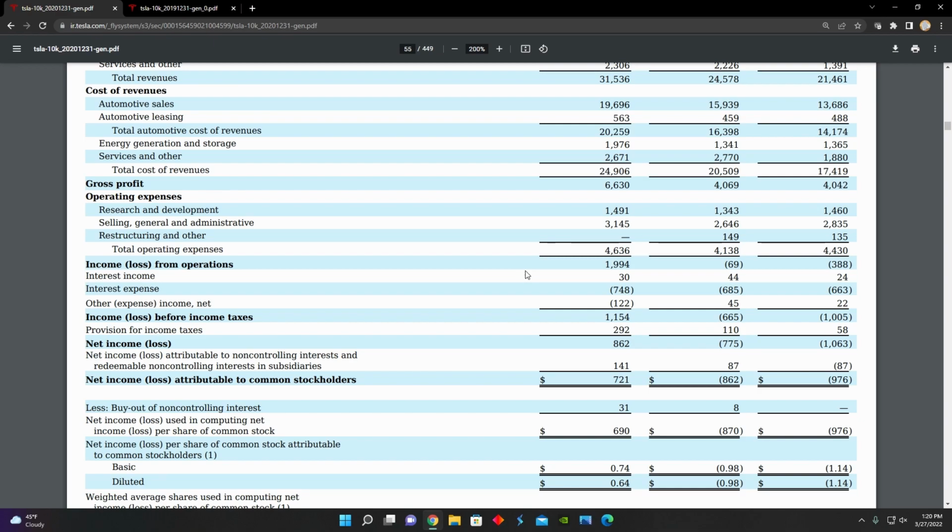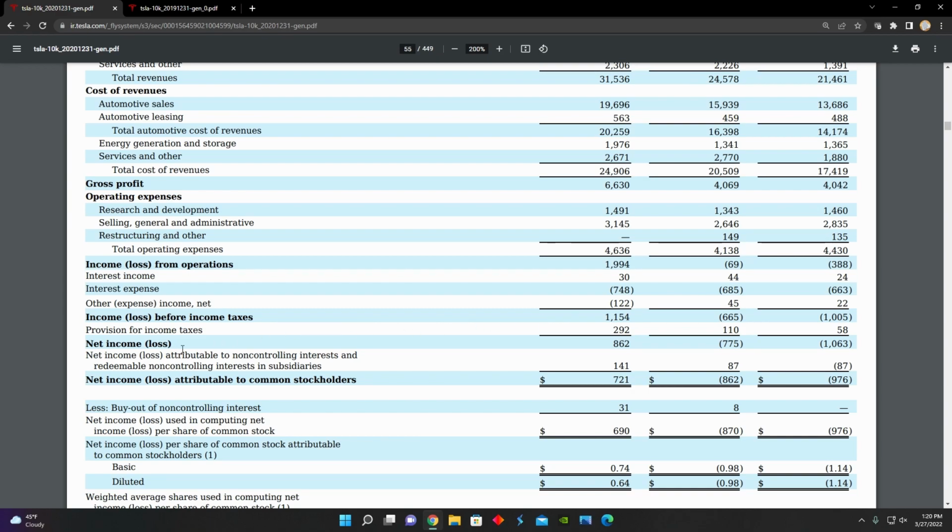But they're creating this income statement for people to read at the end of 2020, and so they don't know exactly how much the income taxes are going to be. So they just do this estimate here, provision for income taxes, before they actually pay the income taxes in the months that follow the creation of this income statement.